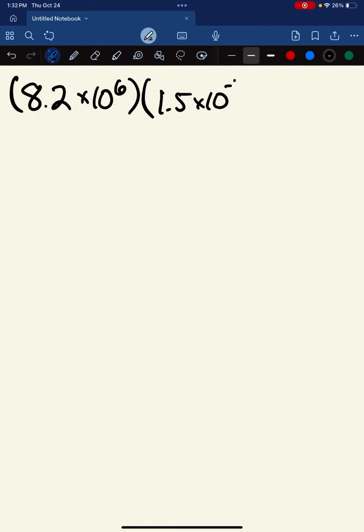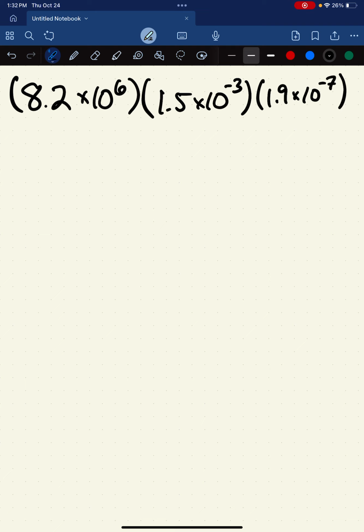Okay, let's do a more convoluted one. 8.2, and this is going to require some pretty extensive multiplication on my part, times 10 to the 6, times 1.5 times 10 to the negative 3, times 1.9 times 10 to the negative 7. And you're about to see how bad I am at multiplication. So we'll work through this together.